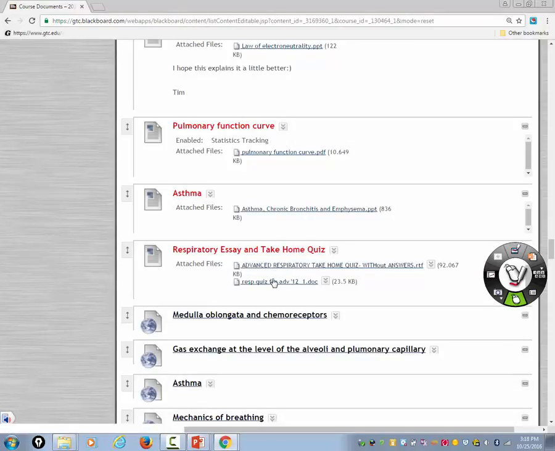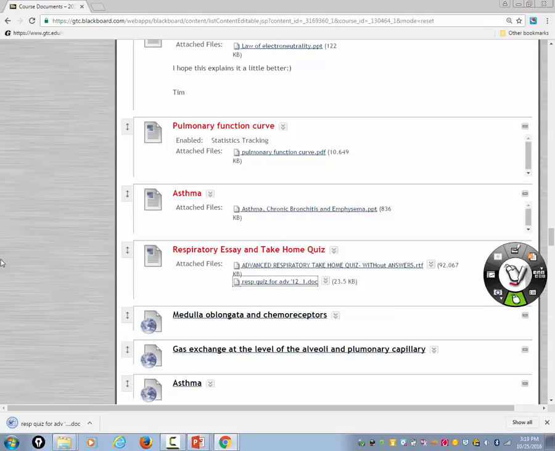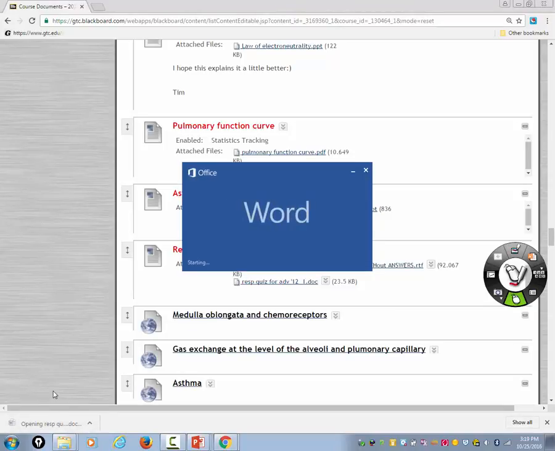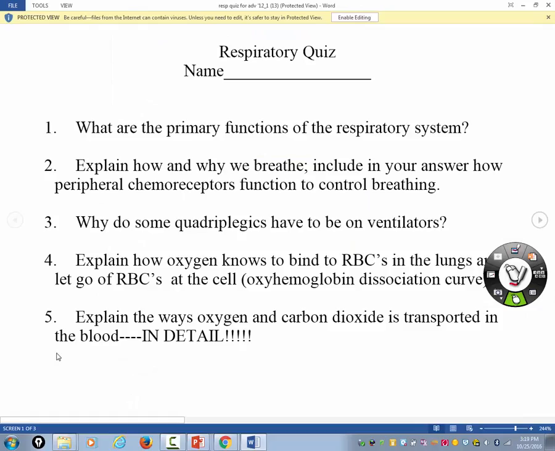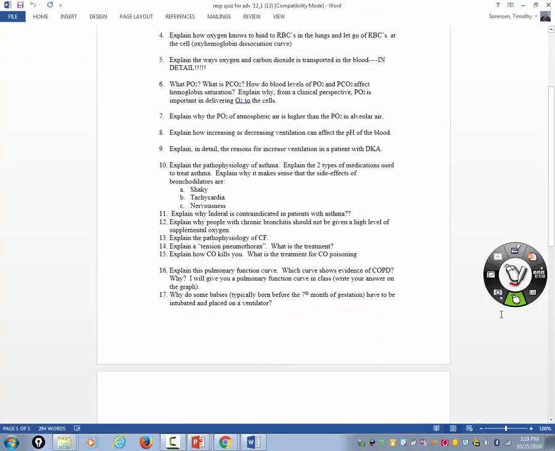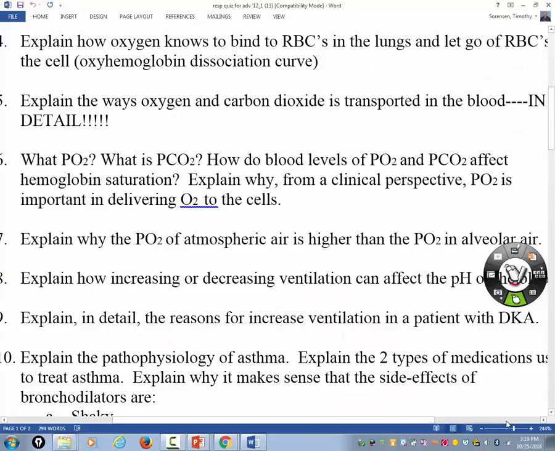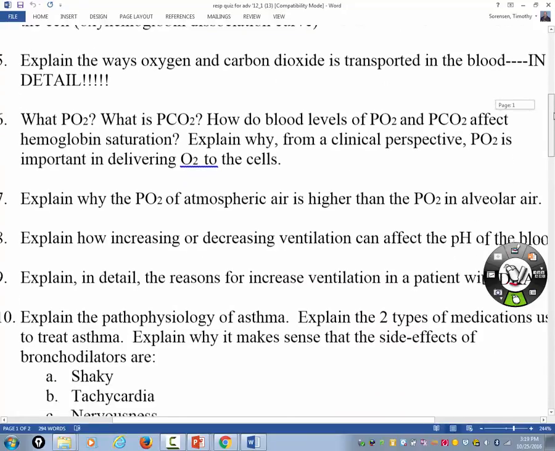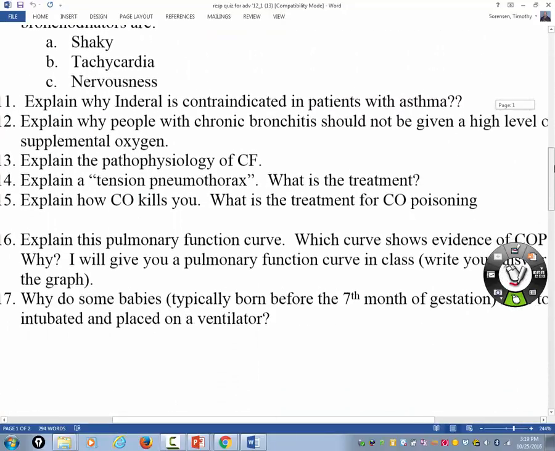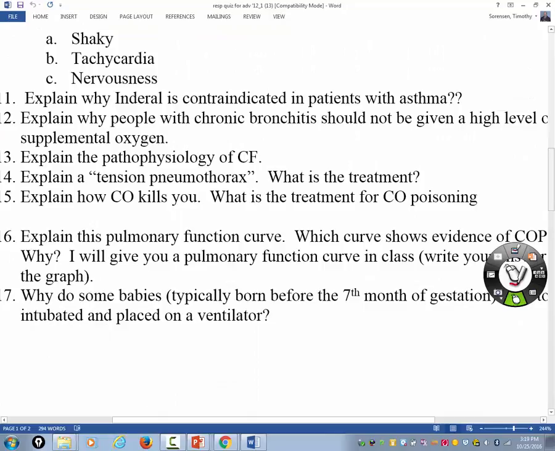Okay, so all right. Okay, so I explained the tension pneumothorax, carbon monoxide, pulmonary function curve.